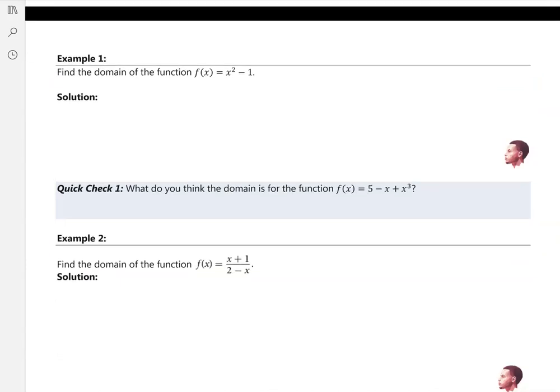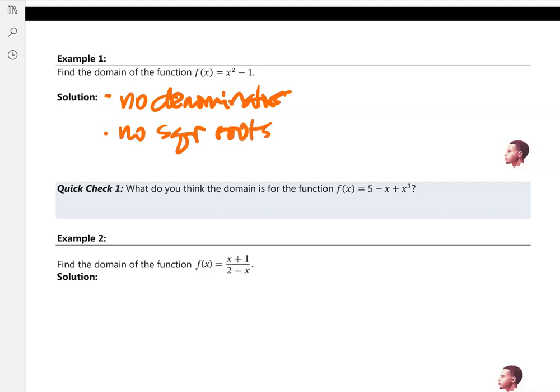Let's try this example. Number 1. Find the domain of f of x equals x squared minus 1. So you can see here, no denominator, no square roots. If there is no denominator and no square root, meaning no restrictions.